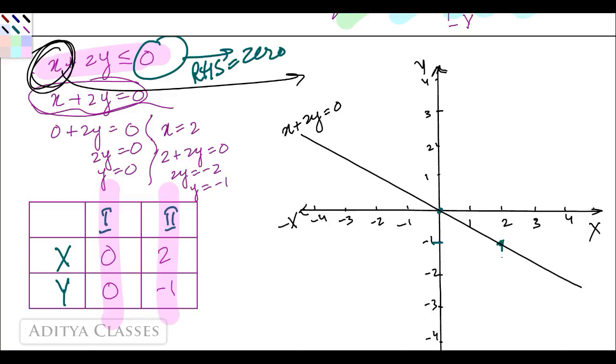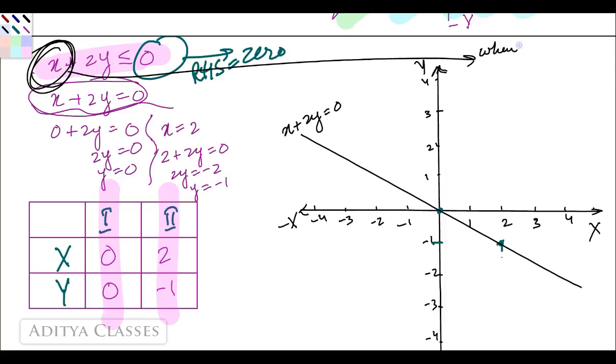Okay. So my new rule would be, where can I put this rule? I'll put this rule over here. When RHS is equal to 0, then look at signs of variables.